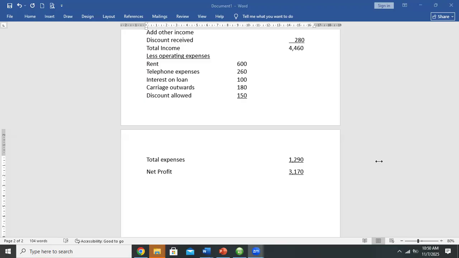Why? Because the trading account is only interested in buying and selling goods, things you can see and touch. If you are rendering services, you don't sell goods, so you will not have a trading account. You would have a profit and loss account. So the income statement of a service business is the same as the profit and loss account, and the income statement of a sole trader is the trading and profit and loss account. I hope that point has been well made.